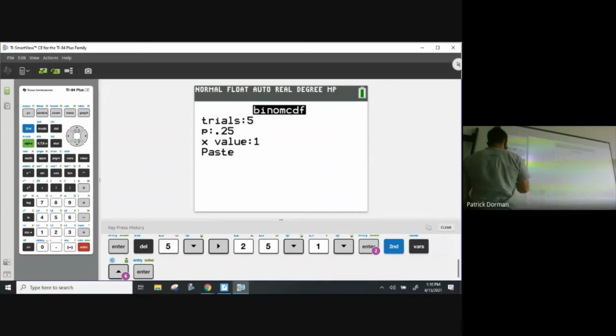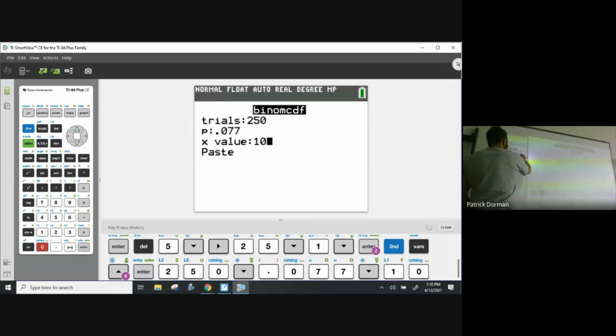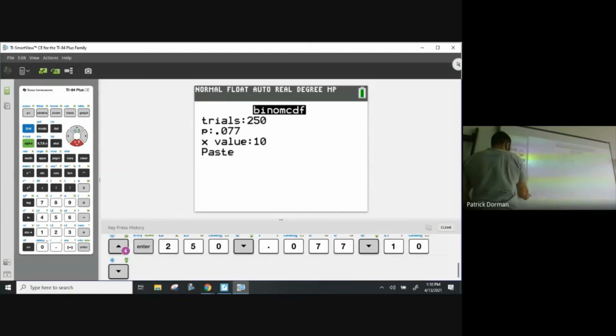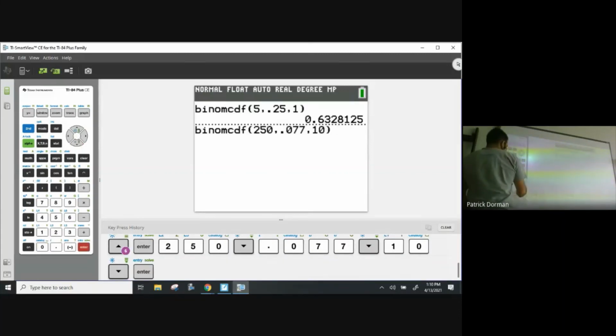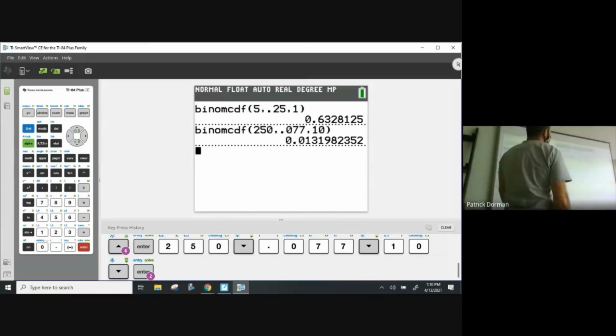Our number of trials was 250. Probability of success for one trial, 0.077. And we're going to see the probability of 10 or less. That is going to be 0.013. That's very, very small.